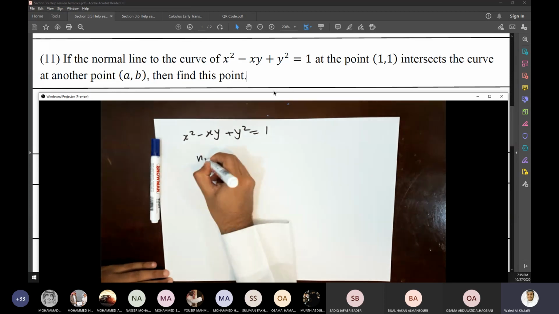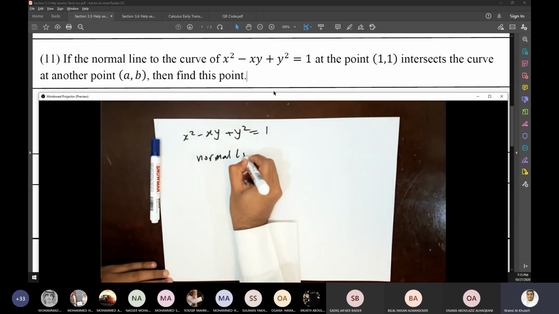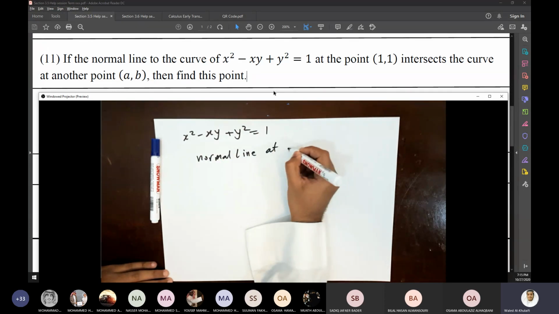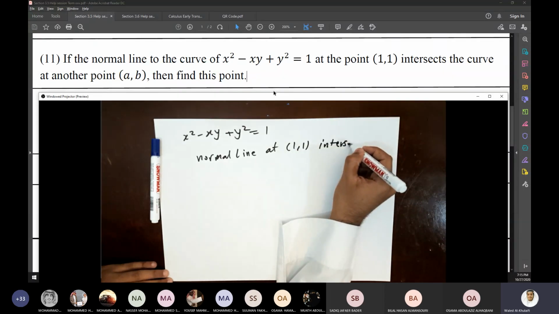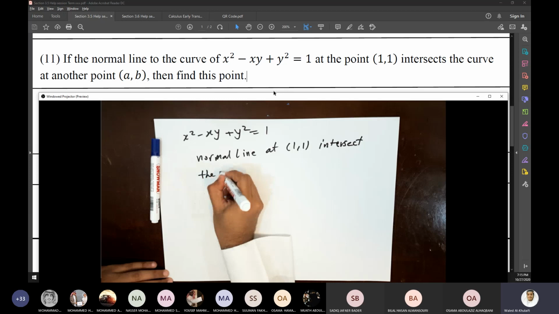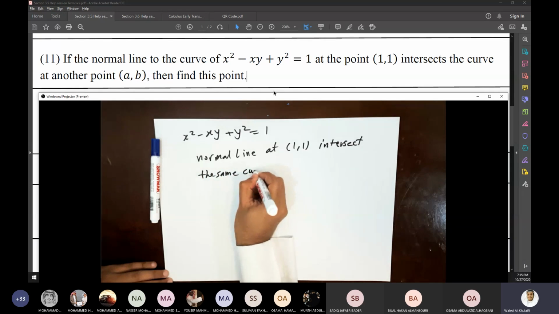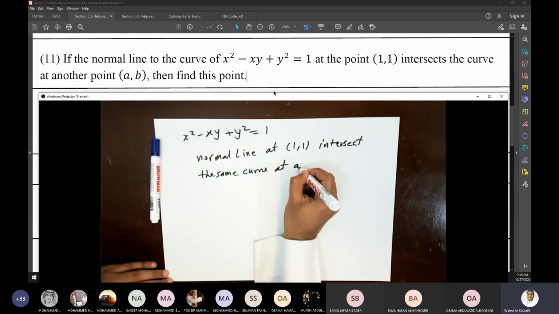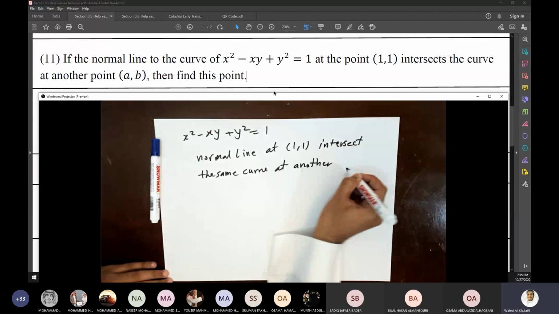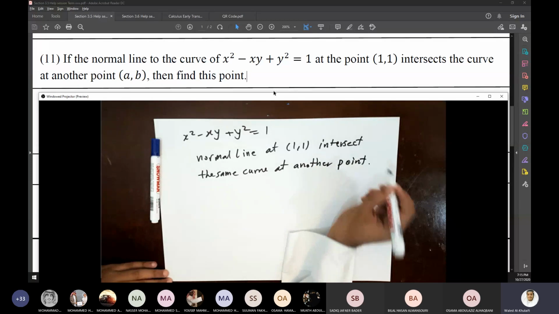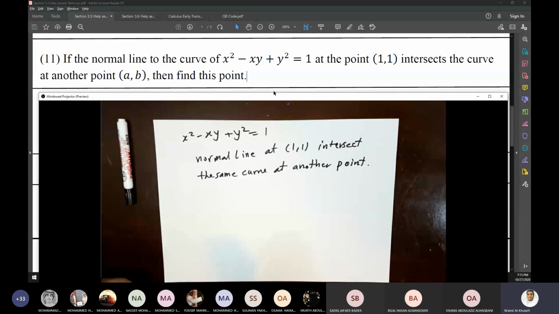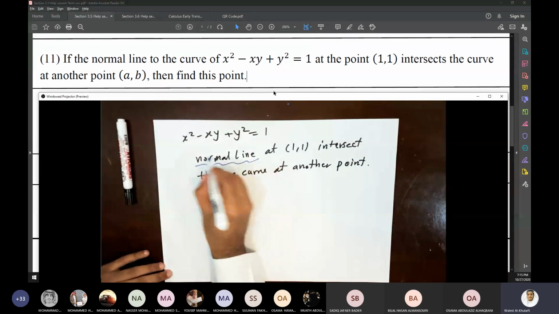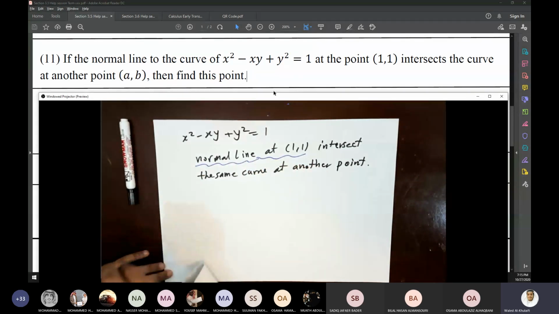And he said the normal line at 1, 1 intersects the same curve at another point. So what we need to do first is find the equation of the normal line at 1, 1. How to find the equation of the normal line? Yes, Sulaiman?